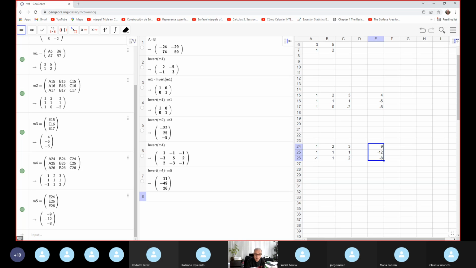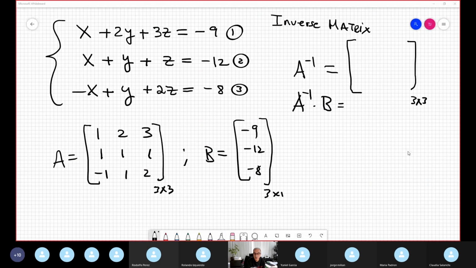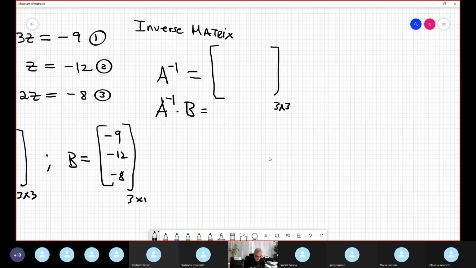And in the whiteboard, I write everything. The inverse matrix is 1, negative 1, negative 1, negative 3, 5, 2, 2, negative 3, and negative 1.